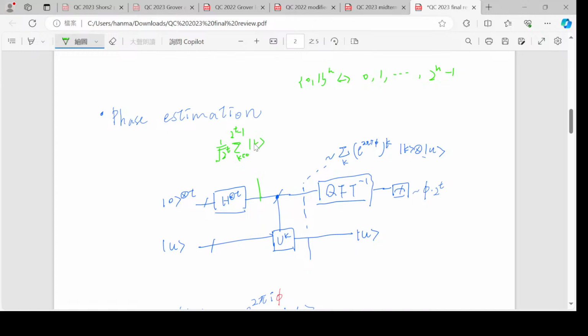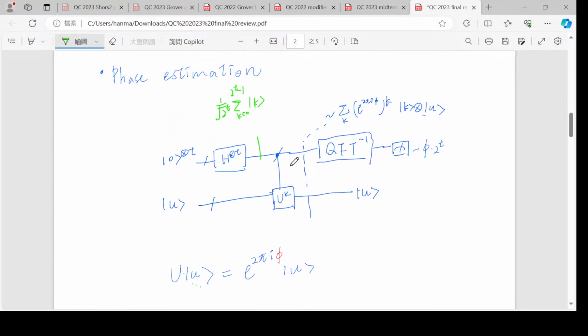And anyway, if this first register, which has t qubits, holds some number k, then we apply big U k times. So this can be exponential in small t, but for now we just assume we can do this.